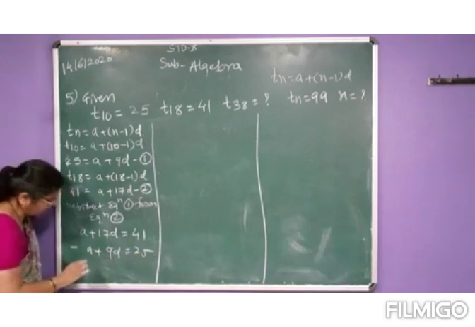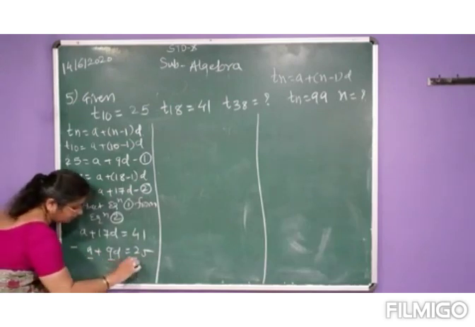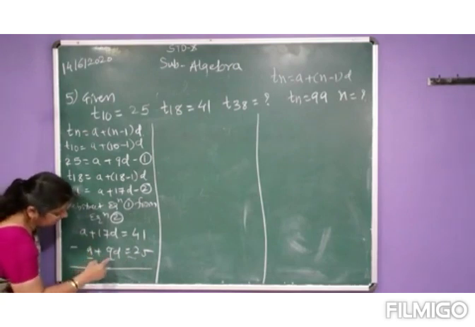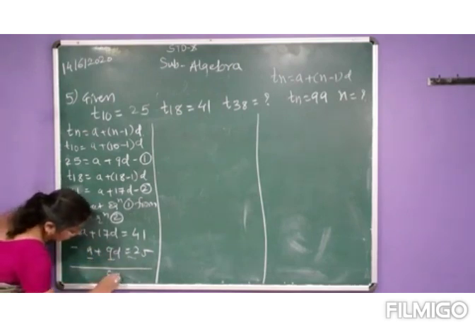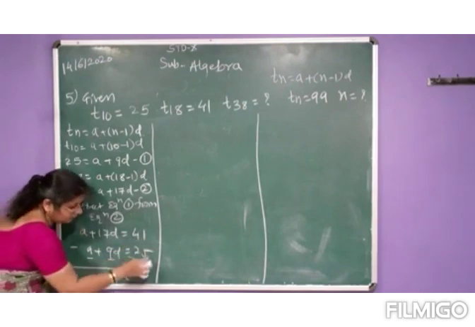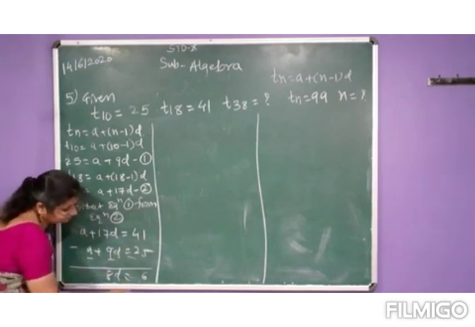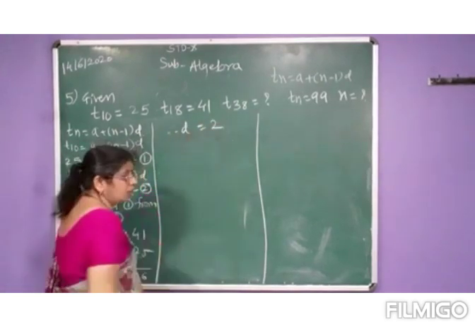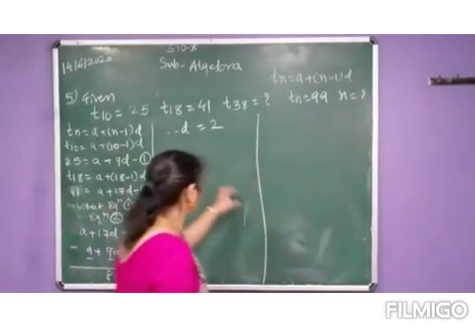When you are subtracting, the sign will change, that you know. So a will cancel. 17 minus 9 is 8d, which is equal to 16. So d is equal to 2. Now you got the value of d as 2.